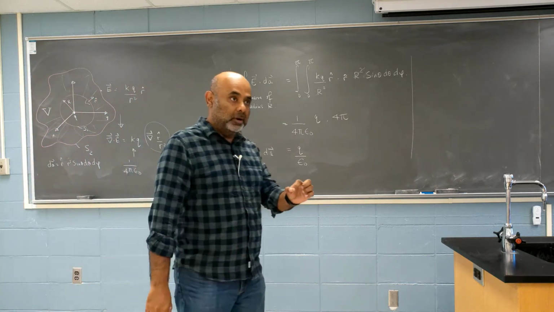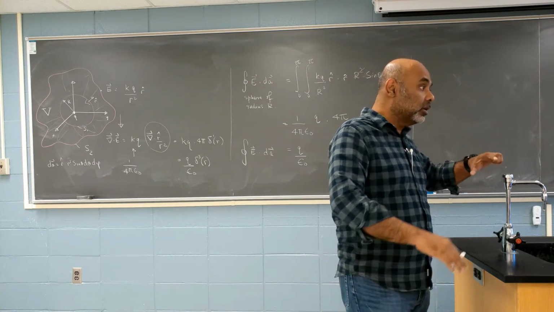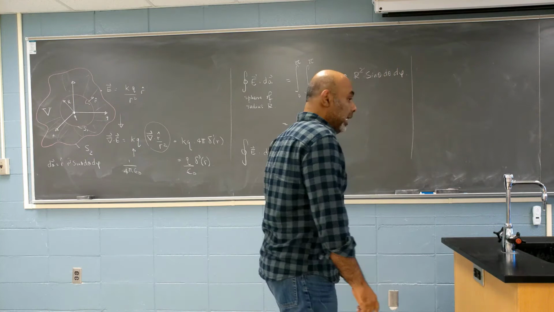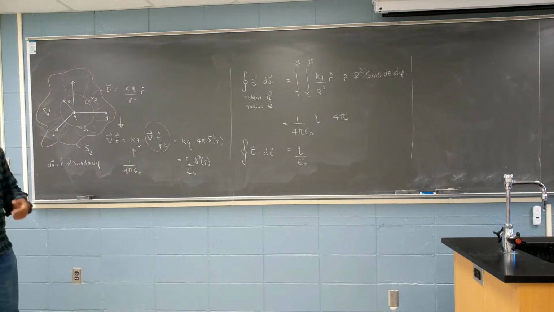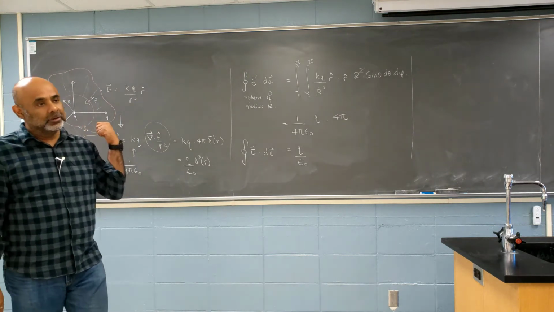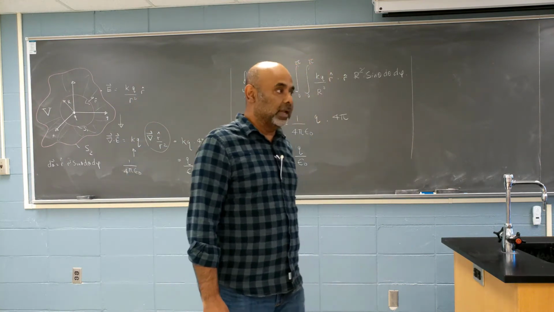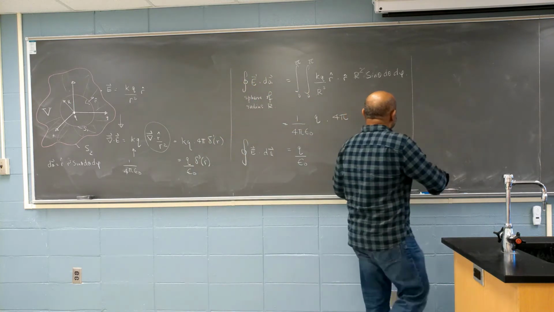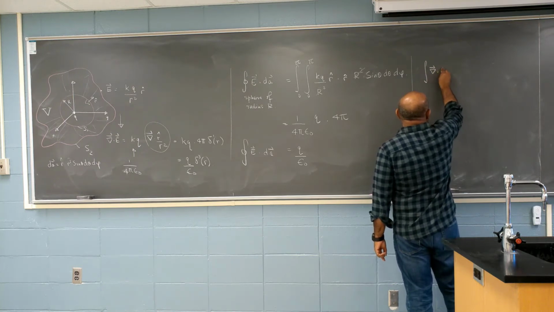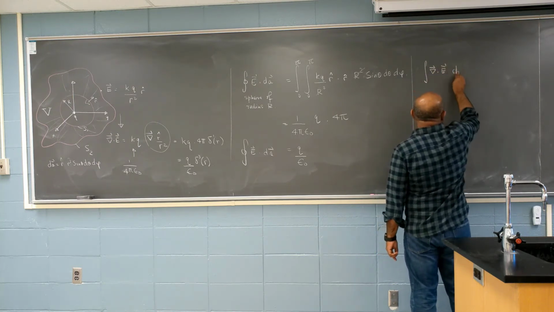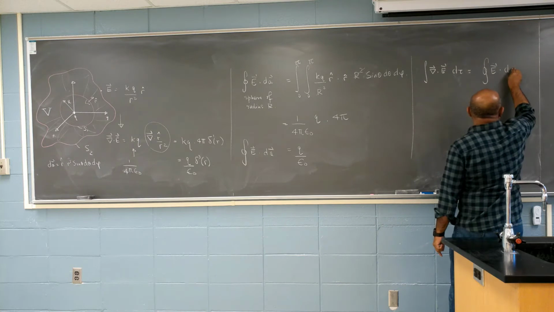So there's an inside ball, a nice spherical ball, where we know how to integrate. And outside is a complicated, smooth surface. And the question is, what is the flux outside this surface? The answer, you know, is going to be exactly equal to the flux from the inside surface, but I need to show it to you. So we don't have to worry about complicated ways of doing it. So we start with the divergence theorem. The divergence theorem says the integral of divergence of E d tau is equal to the integral of E dot dA.